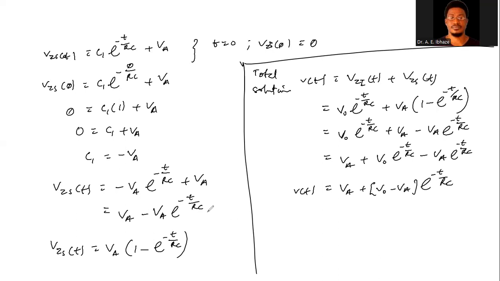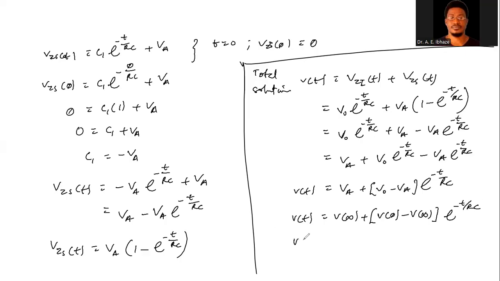Okay. This also could be written as V of t is the same as the final solution, at infinity, plus the difference between the initial solution and the final solution, exponential minus t over RC.